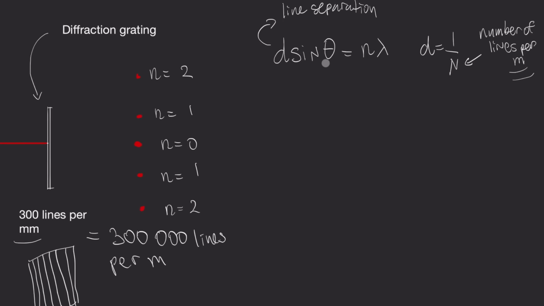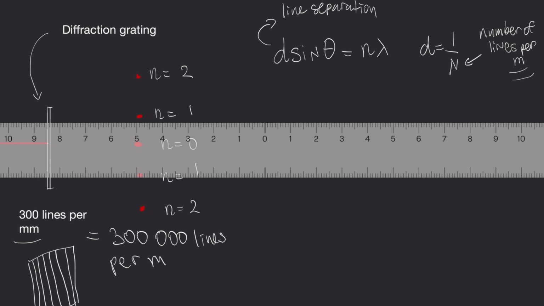Now, what do the other symbols in the equation actually mean? The angle theta is the angle corresponding to the order of diffraction, in other words, this integer n. So for n equal to 0, the beam just goes straight through, with an angle of 0. For n equal to 1, it's going to have its corresponding angle, theta 1.